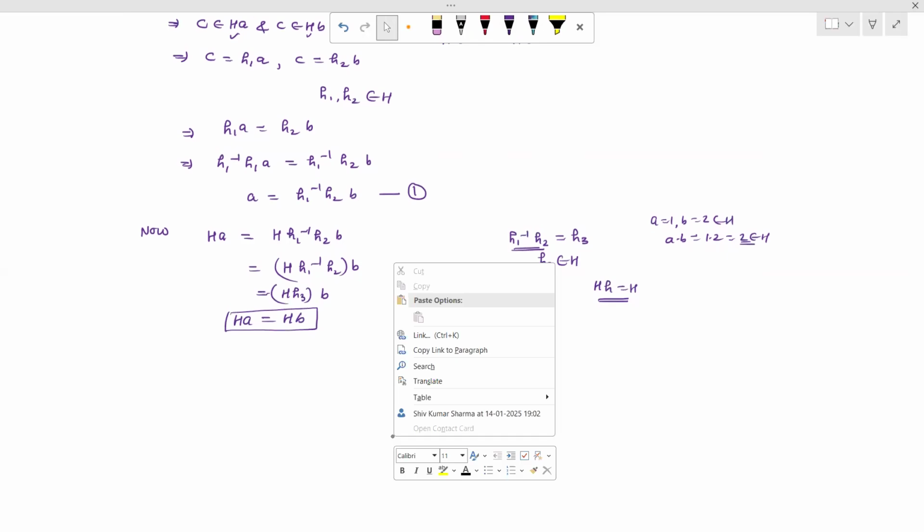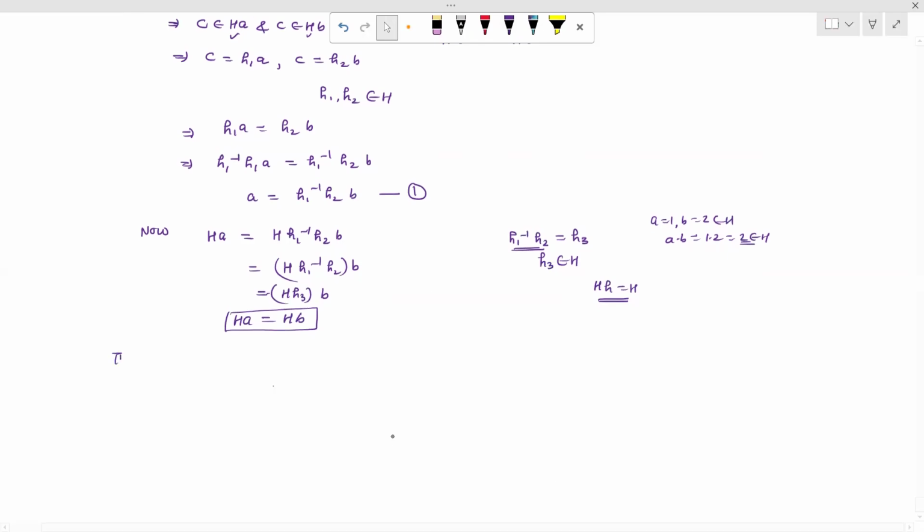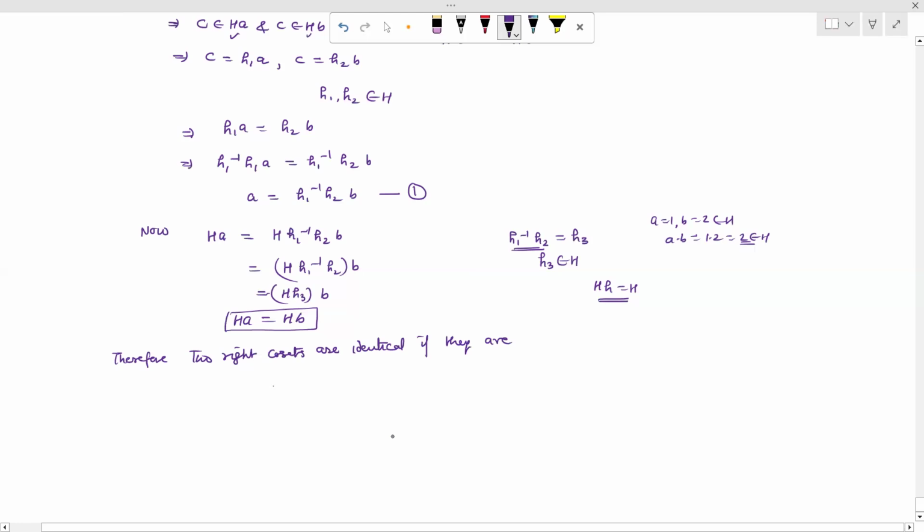Therefore, two right cosets are identical. Two right cosets are identical if they are not disjoint, meaning they have the same element.